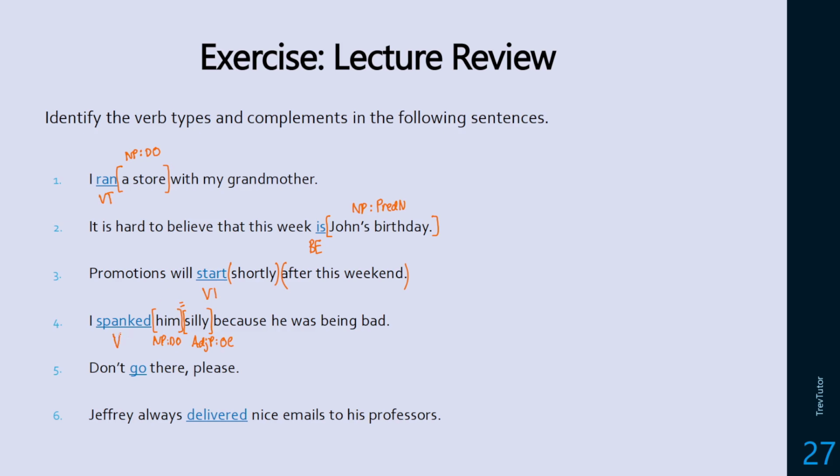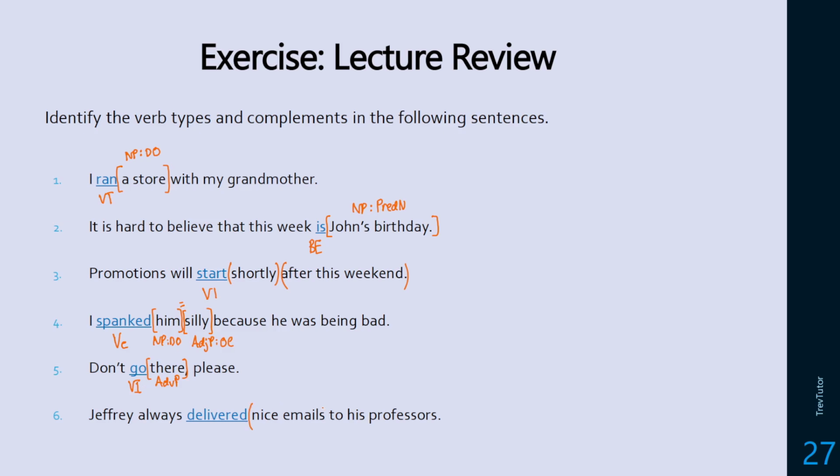So this is a VC verb. Don't go there, please. So there is going to be an adverb. So this is going to be an adverbial in this case, which means that go is just going to be an intransitive verb.